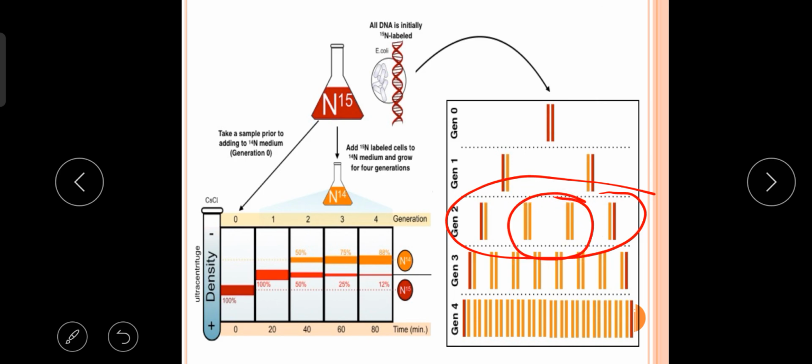Lighter means 50% of DNA contains only 14N DNA strands, and 50% of DNA molecules contain both 15N and 14N strands. That means clearly you can say in the second generation 50% are hybrid and 50% are lighter DNA.